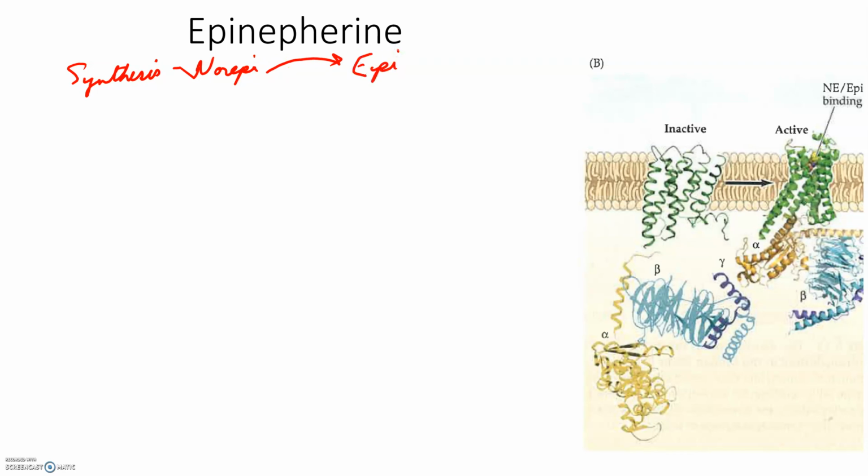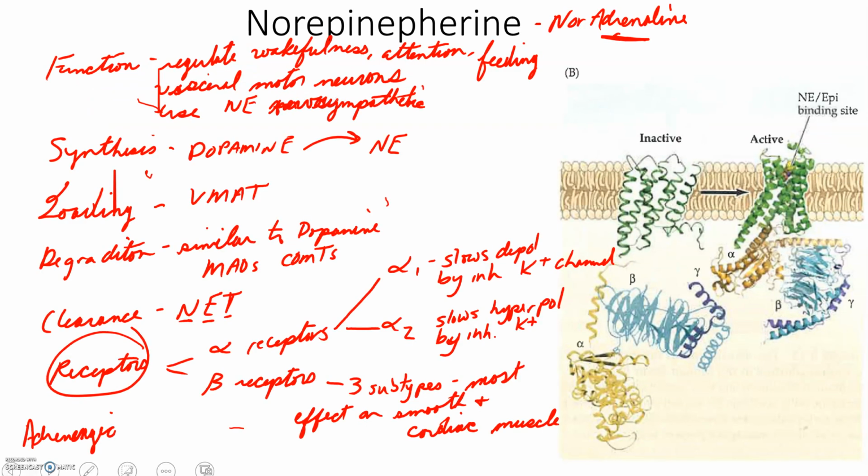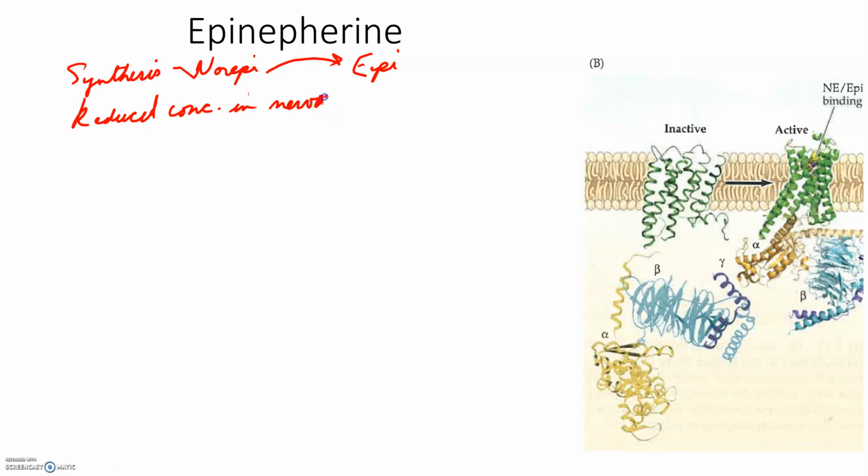In the brain, it's found in much lower levels, in reduced concentration, suggesting that it may not be as important. So we'll say reduced concentrations in the nervous system compared to the other catecholamines, dopamine and norepinephrine.